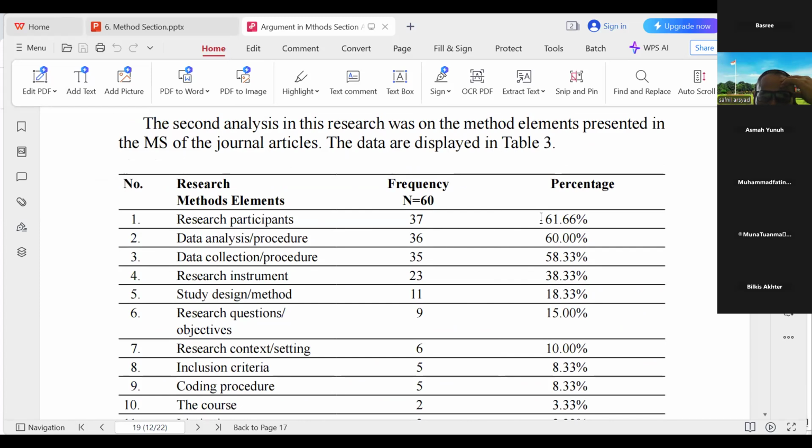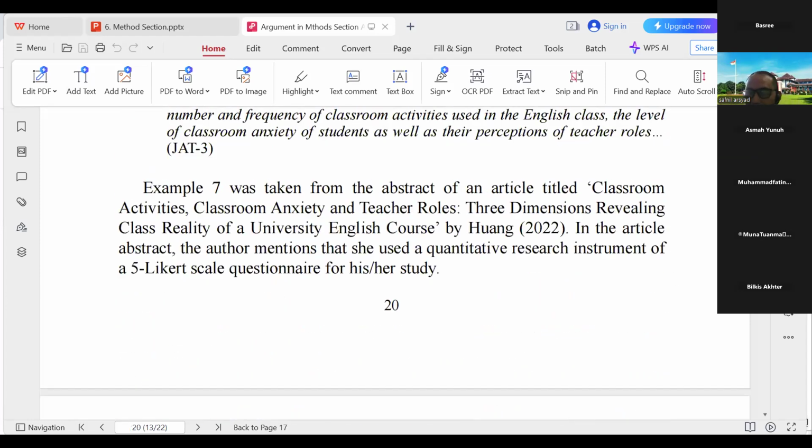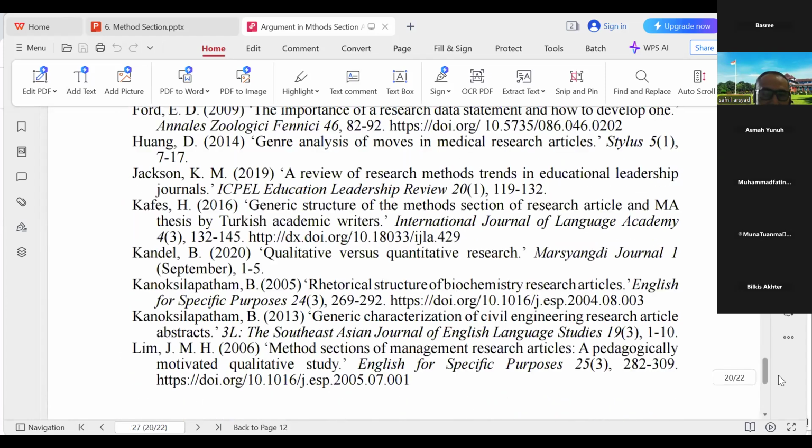So these three, research participants, data analysis procedure, and data collection procedure, are addressed by more than 50% of authors. These three are important elements of research method addressed in the method section of articles.